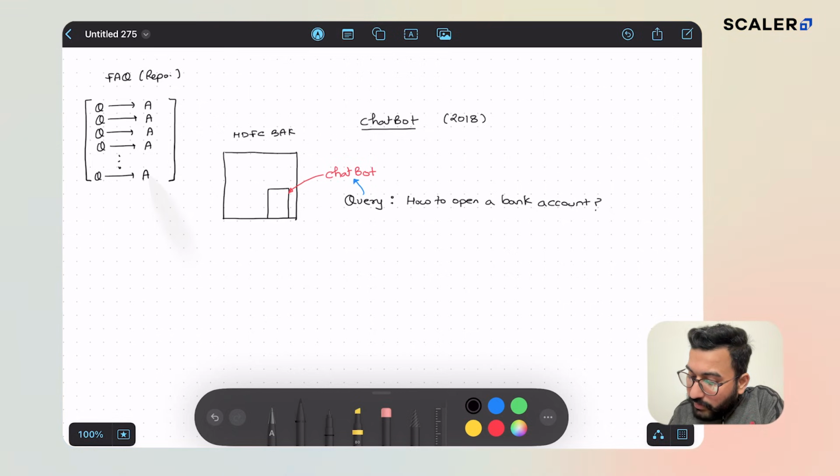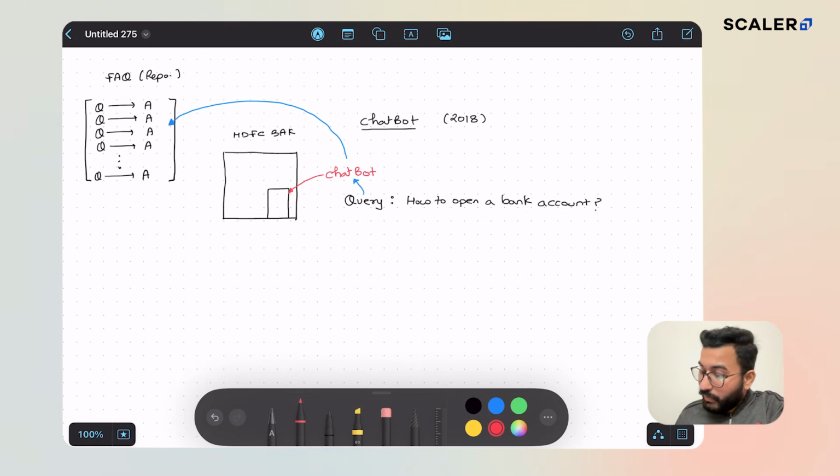Now, what will this chatbot do? It will take this query and go into this FAQ repository to find out which question in the repository matches this query.